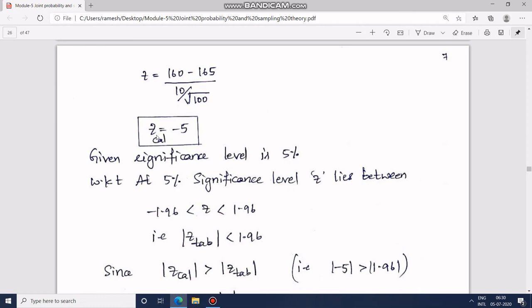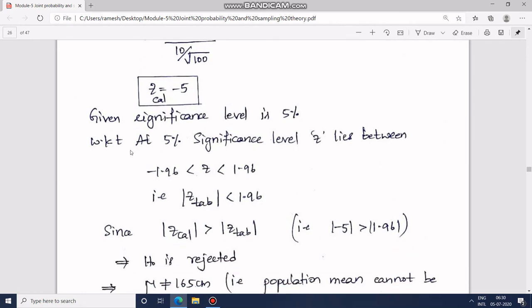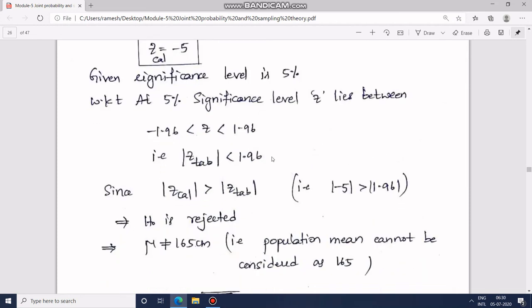We get the value for Z is equal to minus 5. So here our calculated value of Z is equal to minus 5. But already we know that at 5% level of significance, Z lies between minus 1.96 to plus 1.96. But here our calculated value of Z, that is minus 5, lies outside the interval.